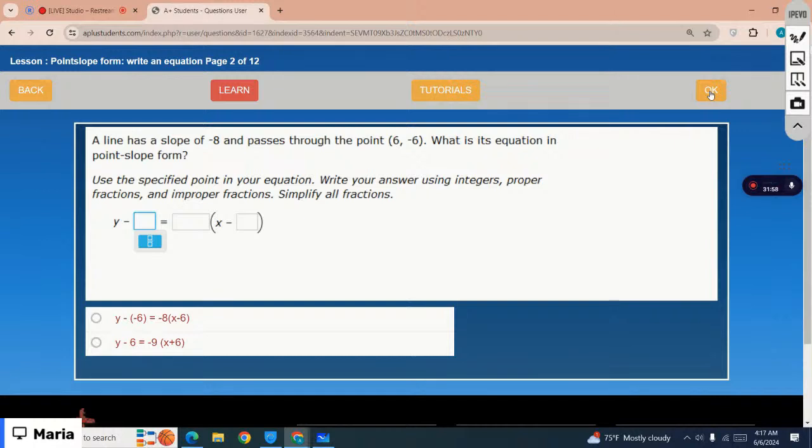So y minus y1, that is y minus negative 6 equals negative 8 times x minus 6. Option number 1 is the correct option.